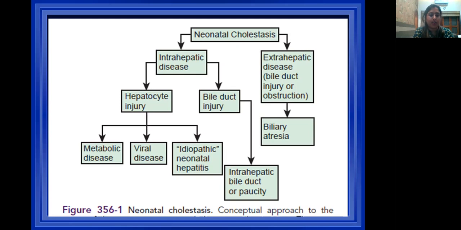Hepatocyte injuries are caused by metabolic disease, viral disease, or idiopathic neonatal hepatitis, which is a type of familial hepatitis, whereas bile duct injury could be because of an intrahepatic bile duct or its paucity. And extrahepatic disease is our main concern because that is the more common type of conjugated hyperbilirubinemia that occurs. Extrahepatic disease is because of bile duct injury or obstruction, mainly known as extrahepatic biliary atresia.